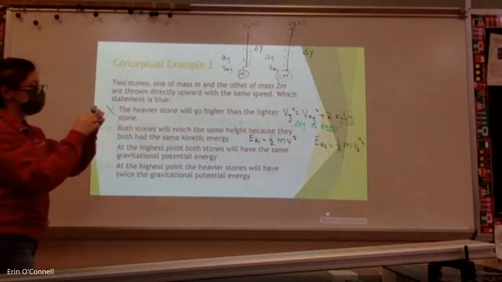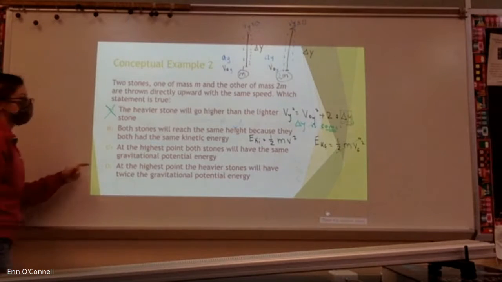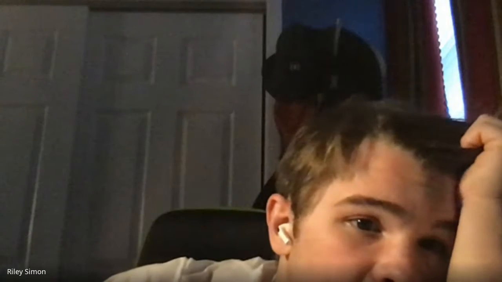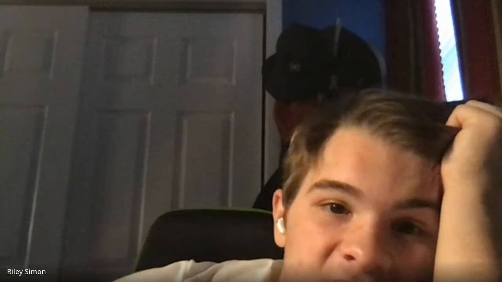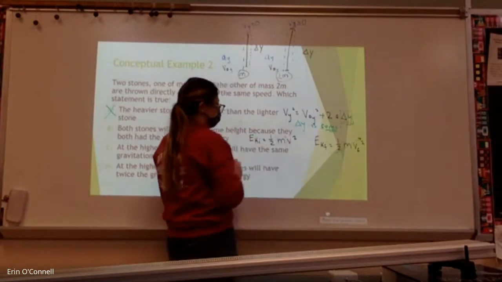So let's take a look at initial. Initially, will the objects have the same amount of kinetic energy? No, they won't. Why, Riley? Because one mass is larger than the other. They have the same velocity, but their masses are different.